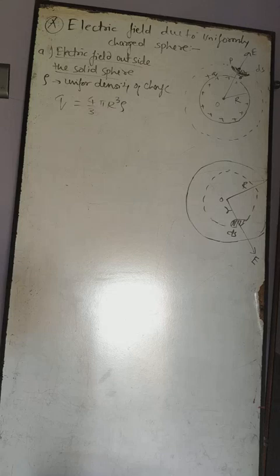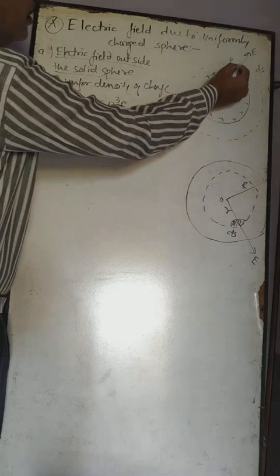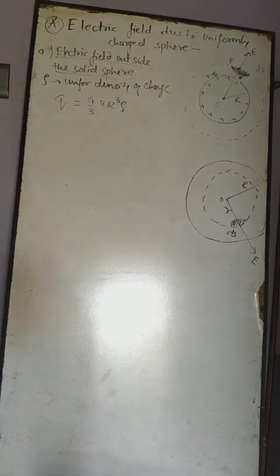The electric field intensity at a point P outside of the solid sphere, where OP is small r, with center O. Construct a sphere of radius r, greater than the capital R, through the point P. This sphere, shown by the dotted line, is called a Gaussian surface.